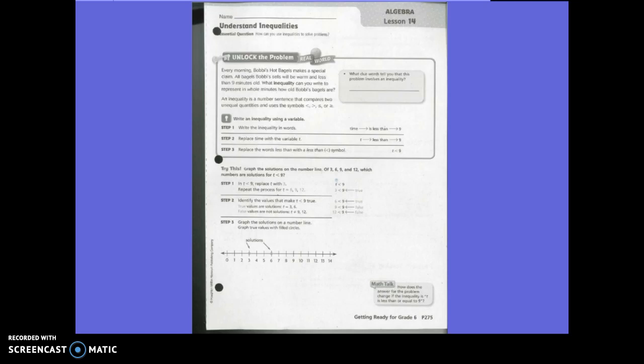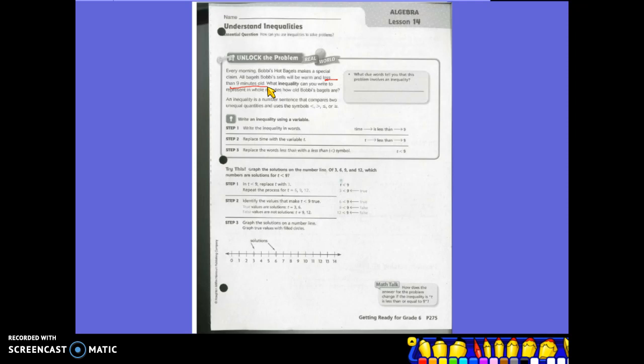What clue words can tell you that this problem involves an inequality? If we look right here, the special claim: all bagels will be warm and less than 9 minutes old.